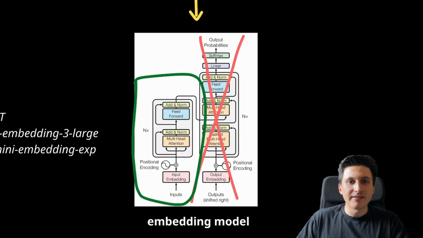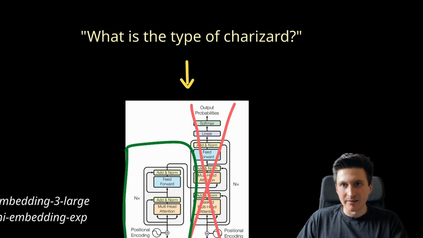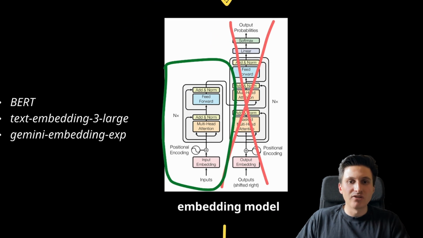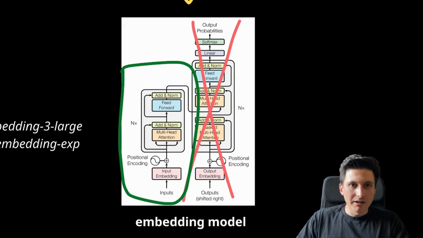And we need a method of converting this to its meaning. This is done by using an embedding model, and an embedding model is also part of the transformer architecture. The right part, which I put a cross through, is the decoder part, and actual LLMs are mainly stacks of decoder blocks on top of each other.